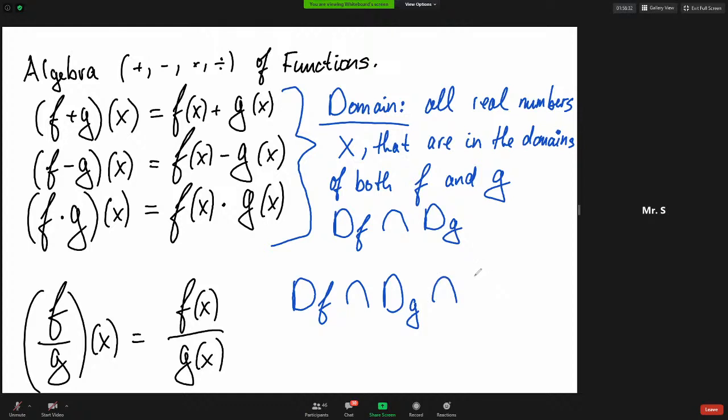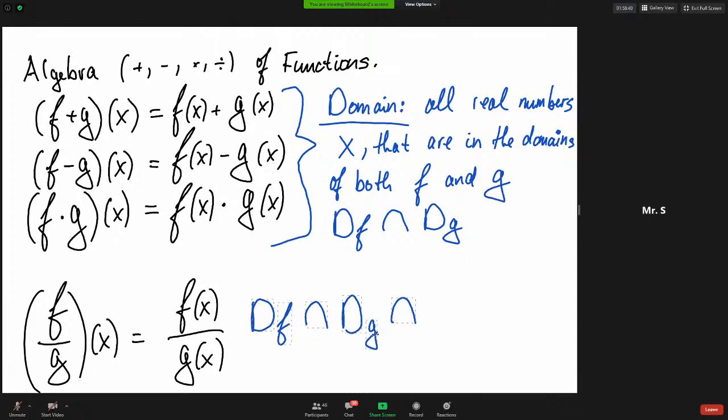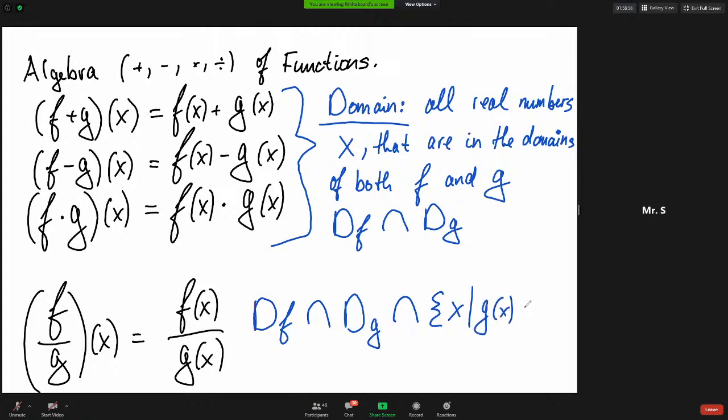Let me give myself a little more space, actually. So we have to intersect it with another set of all x's for which g of x is not equal to 0.